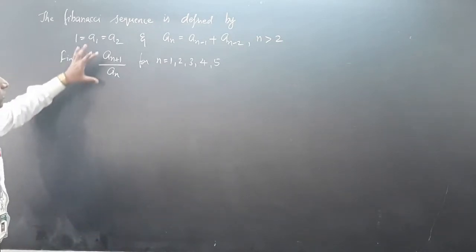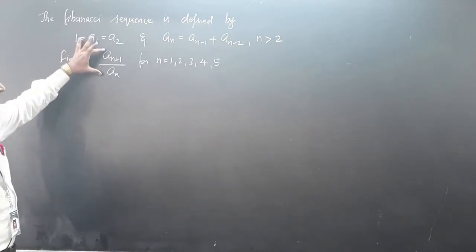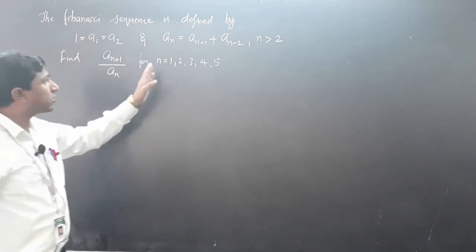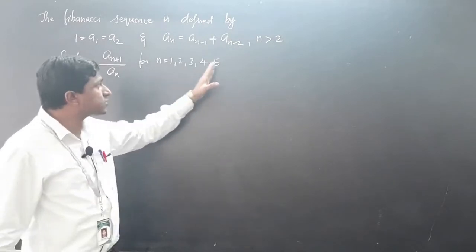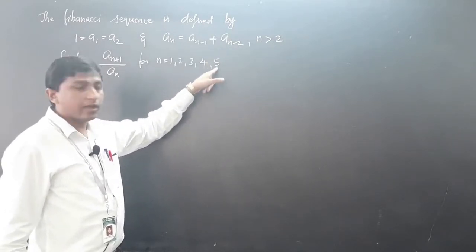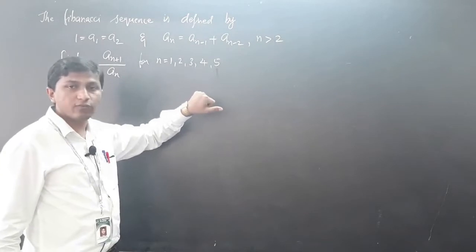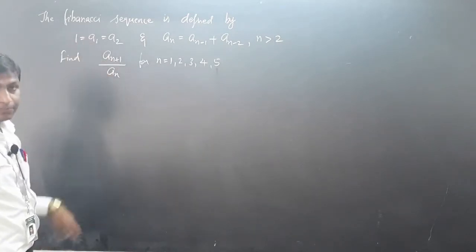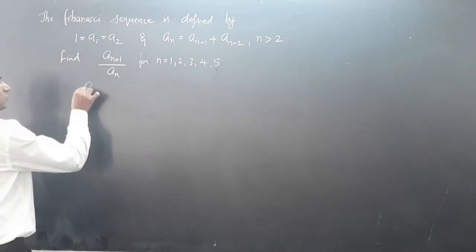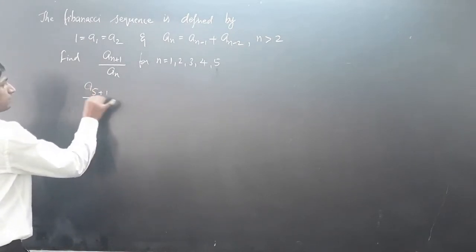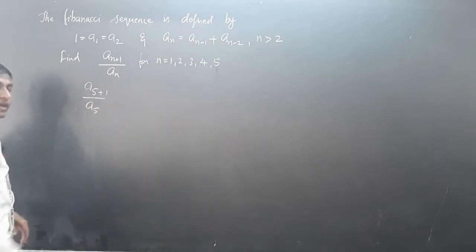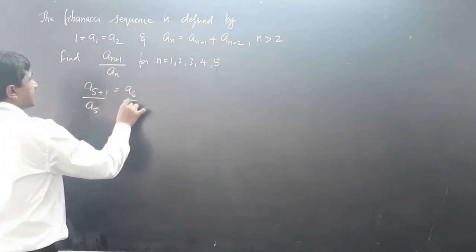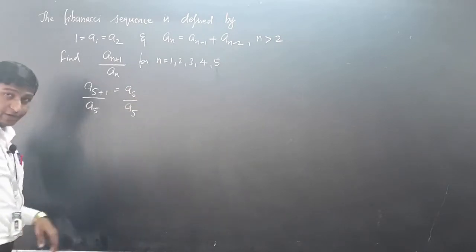Now, look at this expression, AN plus 1 by AN. What is the highest value of n that we need? N takes the highest value 5. So, when I put n equals 5 in this expression, we get A5 plus 1 by A5, and A5 plus 1 is nothing but A6, so A6 by A5.